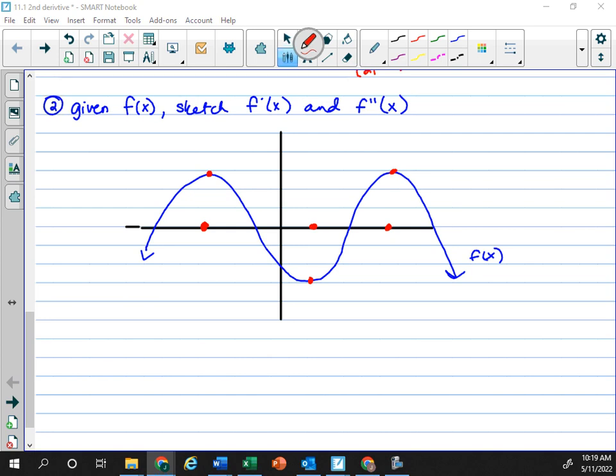Okay, remember where your original graph has a max or a min, your first derivative is equal to 0. Okay, what is the blue graph here doing from -infinity up to that point? Okay, so where will my first derivative graph be? Above or below the x-axis?